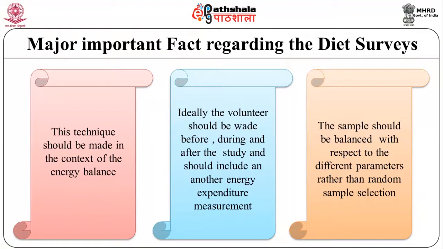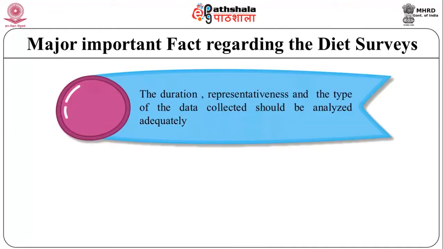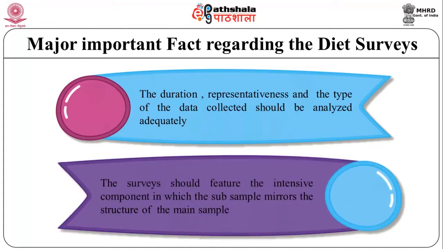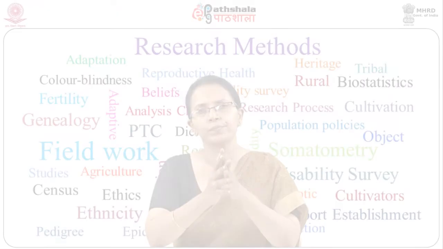The sample should be balanced with respect to the different parameters rather than a random sample selection. The duration, representativeness and the type of the data collected should be analyzed adequately. The surveys should feature an intensive component in which the subsample mirrors the structure of the main sample.